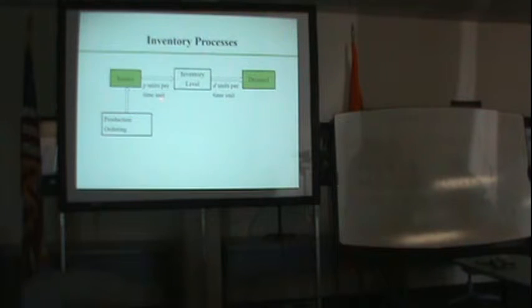So here you have a rate of replenishment, and here you have a rate of demand, and as a result of the 2 rates you have an inventory level. And you have a cost for everything. You have a fixed cost for ordering. You have a cost for holding the item in inventory, and things like that.